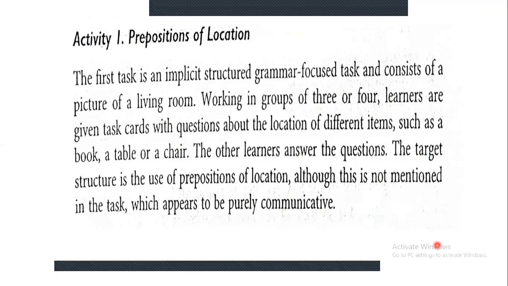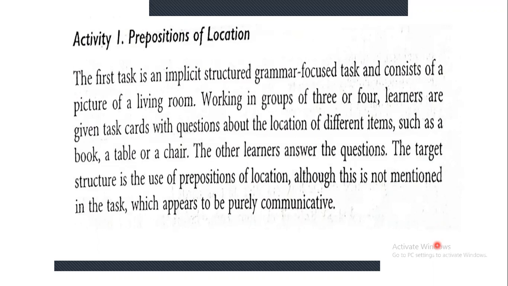The first task is an implicit structure grammar focus task and consists of pictures of a living room. Working in groups of 3 or 4, learners are given task cards with questions about the location of different items, such as a book, a table, or a chair. The other learners answer the questions.